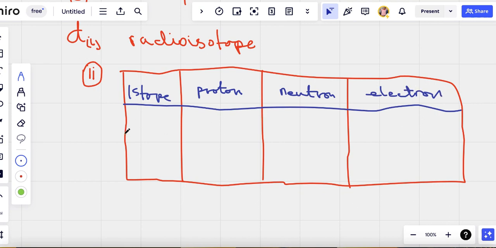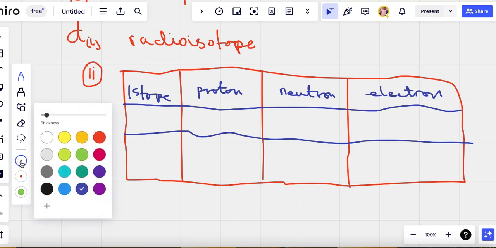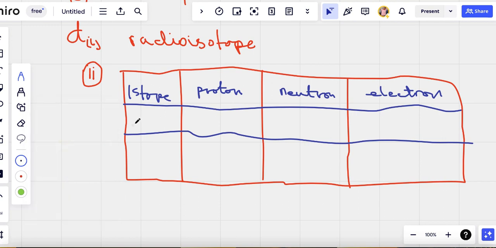Here we have the flerovium 286 and 289. Here we have flerovium 286, and here you have flerovium 289.